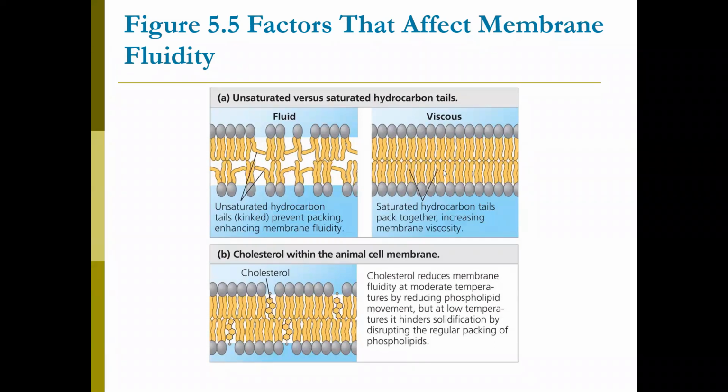But we also don't want it too tightly packed together, because then certain things can't move through it, and it becomes hard for any movement to take place. So the cholesterol helps stabilize, so that if the temperature cools down or rises slightly, we maintain a constant situation with the plasma membrane.